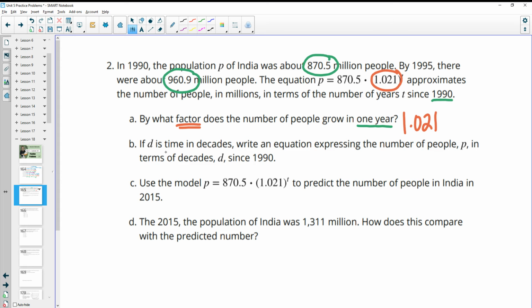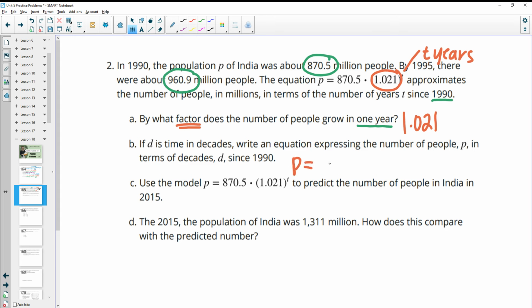If D is the time in decades, write an equation expressing the number of people in terms of decades. So remember, this initial equation is written in years. So this T is in years. So now we want to think about how many years are in a decade. A decade is 10 years, that's how this is going to change.